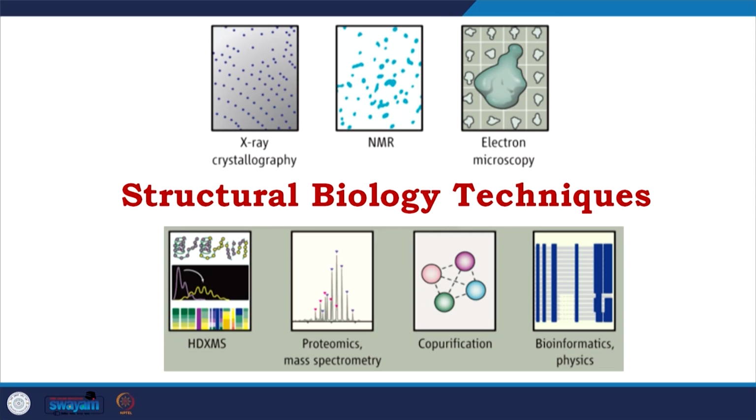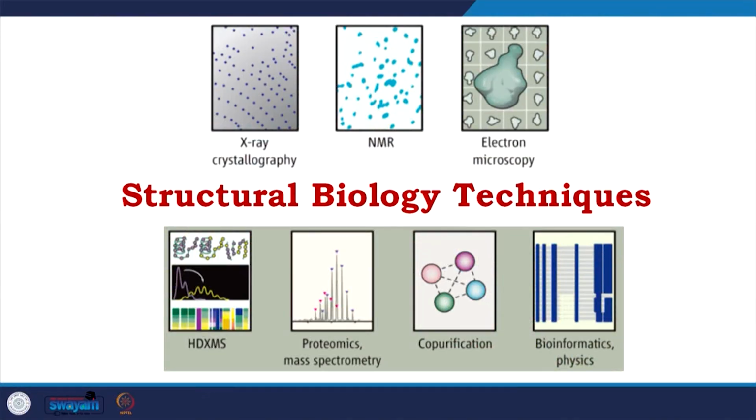In this part, as I have already introduced myself to you as a protein crystallographer, we will discuss X-ray crystallography in detail. With that, I would also make a comparative discussion of NMR and cryo-electron microscopy.